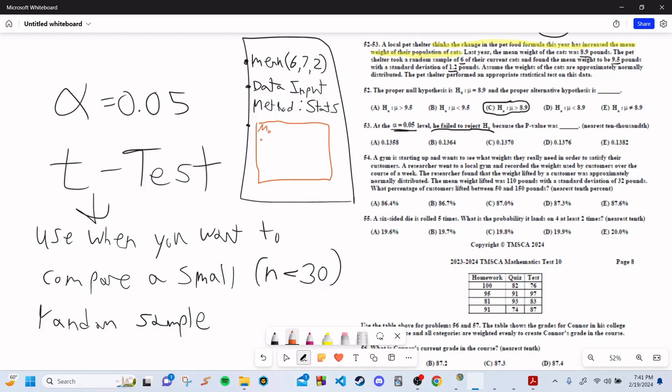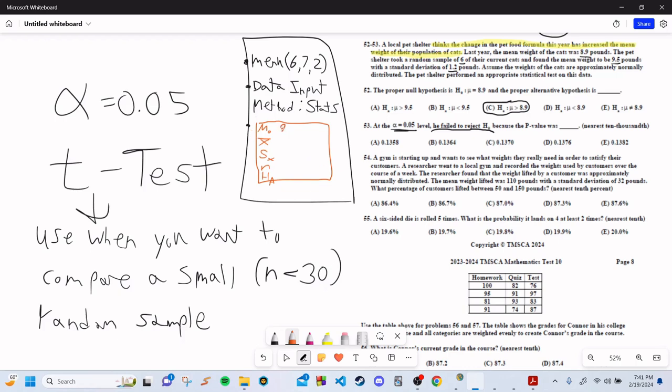I'm going to write this in another color. So it's going to say mu naught, and then x bar, sx, and then n, and then the alternative hypothesis, which I'm just going to write HA. Okay, so mu naught is the original mean, and x bar is the mean of the sample. So it's your sample mean.